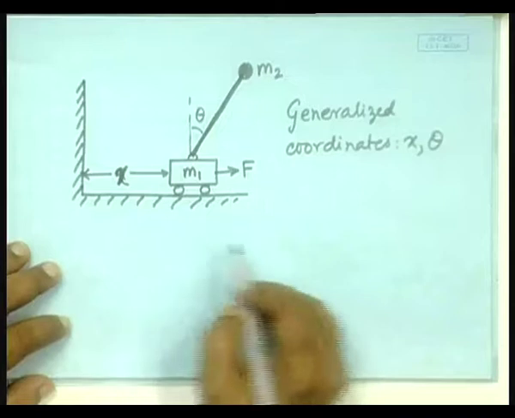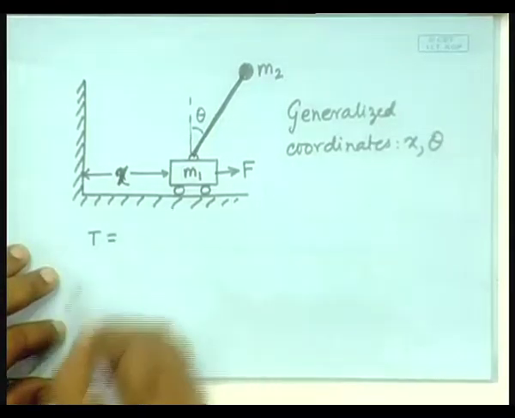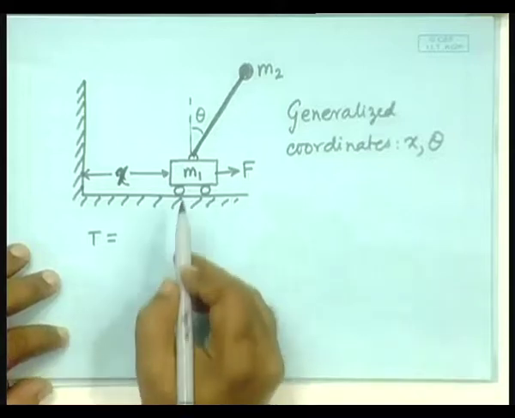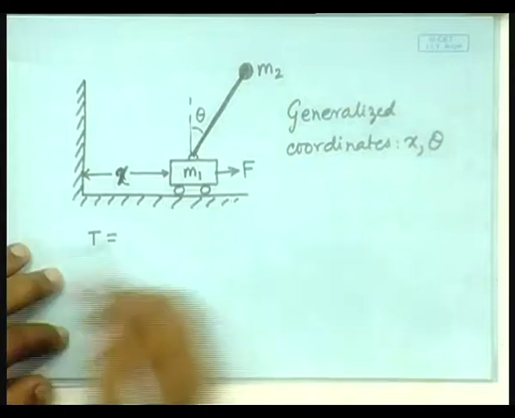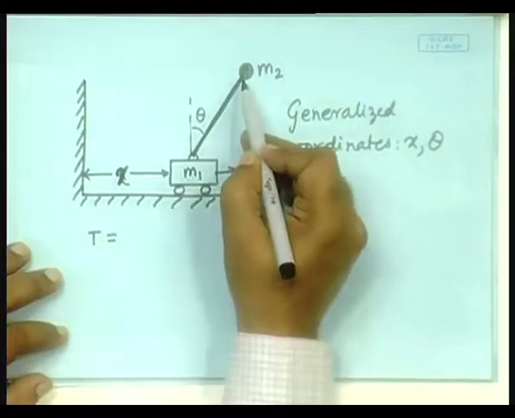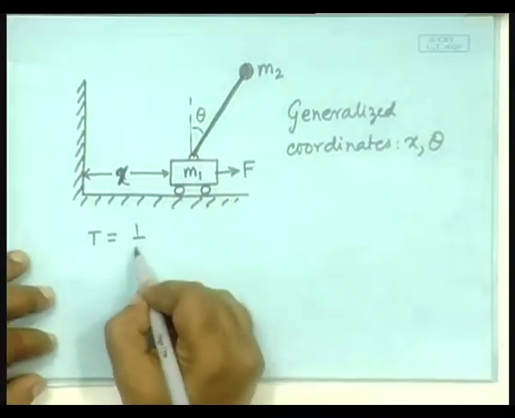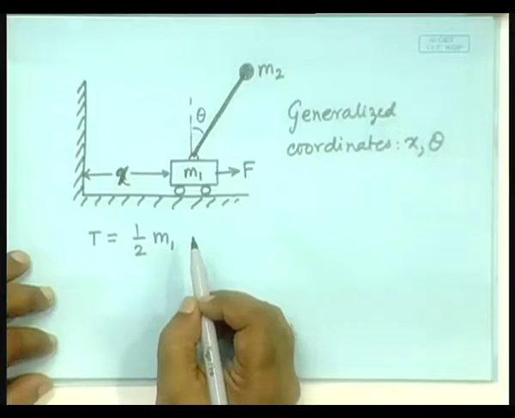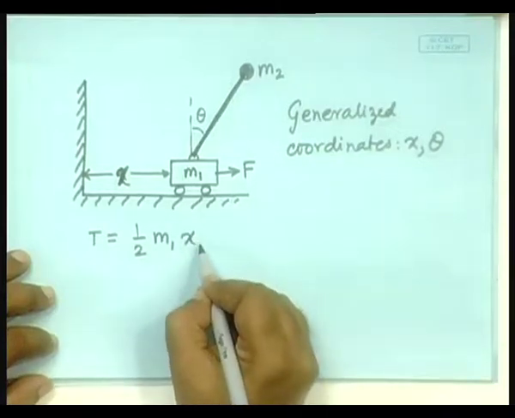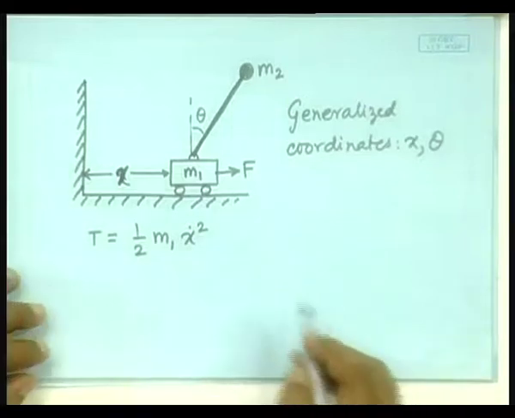Now, potential energy, the kinetic energy T. Kinetic energy would be a combination of the two kinetic energies, kinetic energy of this one and the kinetic energy of this one. For this one, it is simple, half m1 x dot square, done.